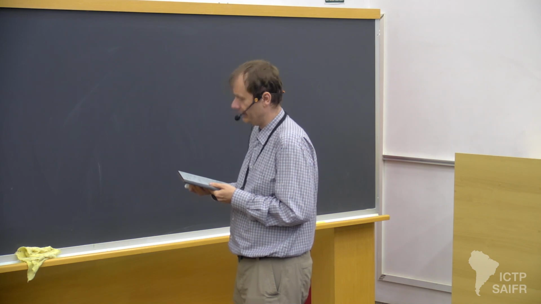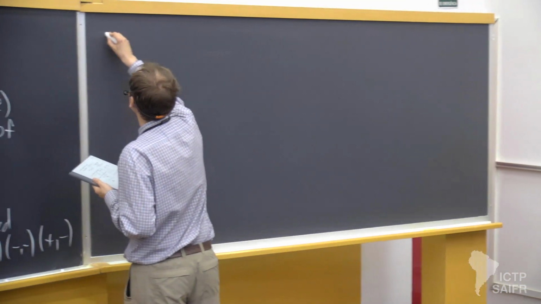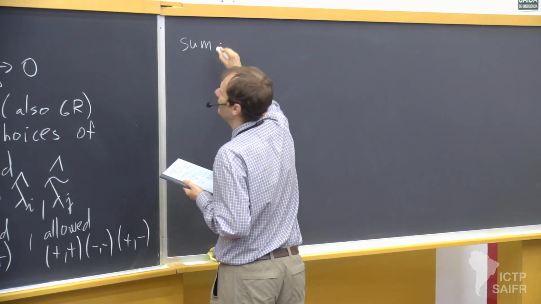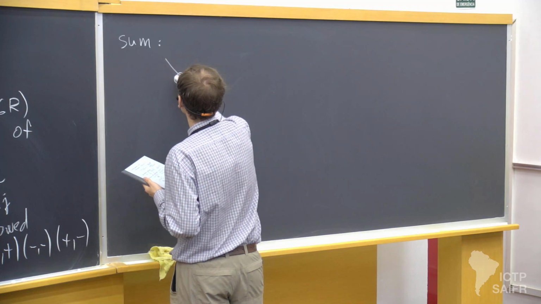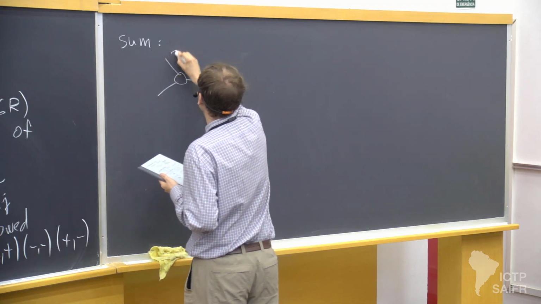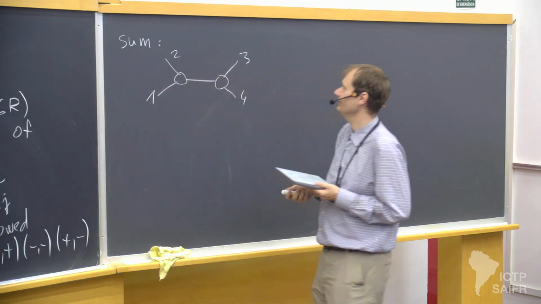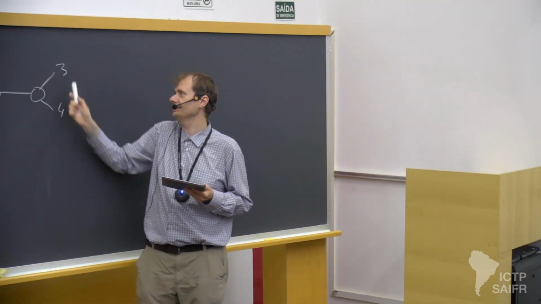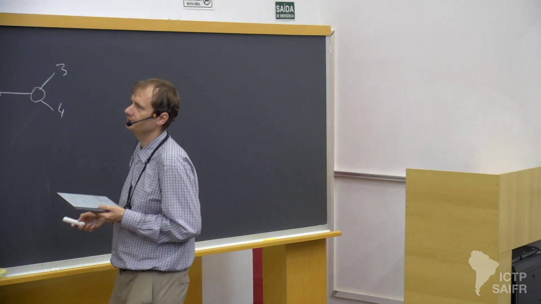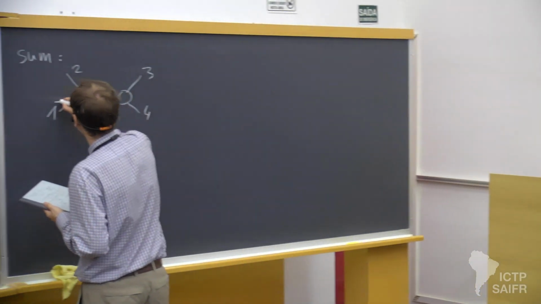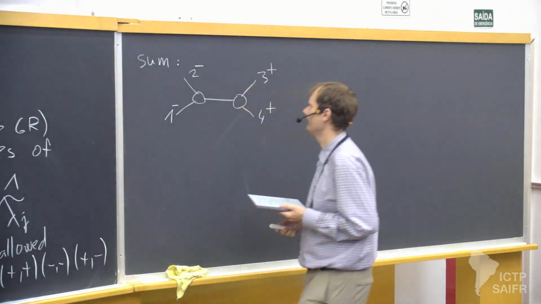So now the instructions are to sum over all factorization channels with 2 on one side and 3 on the other side. So let's see what all these channels are. There is only one channel, that's the only thing that we can draw. 2 is here, 3 is here, 4 must be here, 1 must be here, because it's ordered. Now we have to fill in also the helicities. So this is minus, this is minus, this is plus, this is plus.